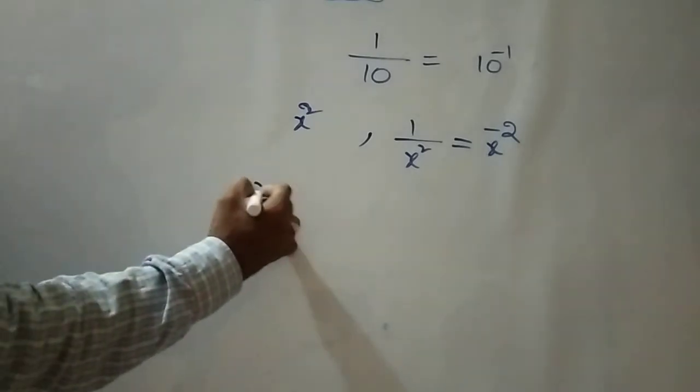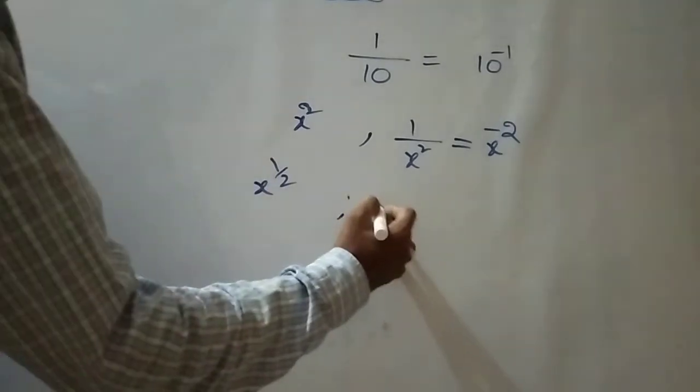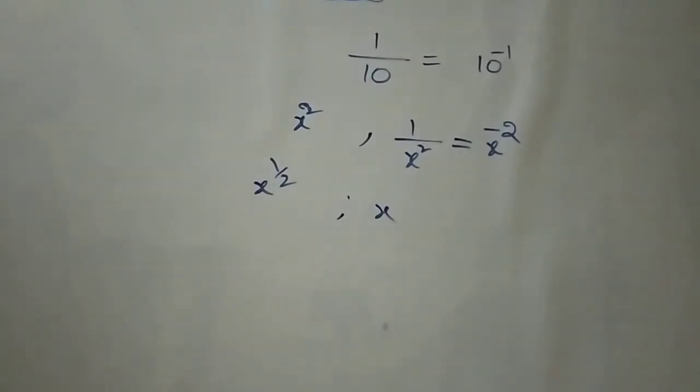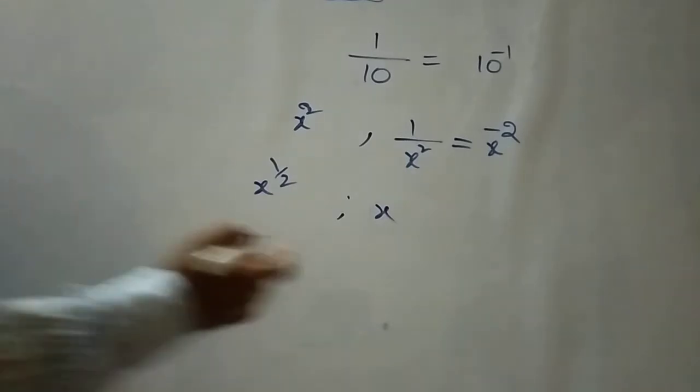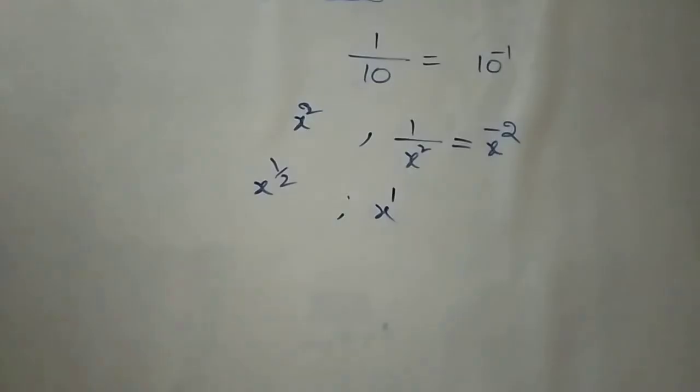Suppose x power 1 by 2. 1 by 2 is not an integer. It is a rational number. So if you write only x, what is the exponent here? If there is nothing written as an exponent, you will get 1, x power 1.